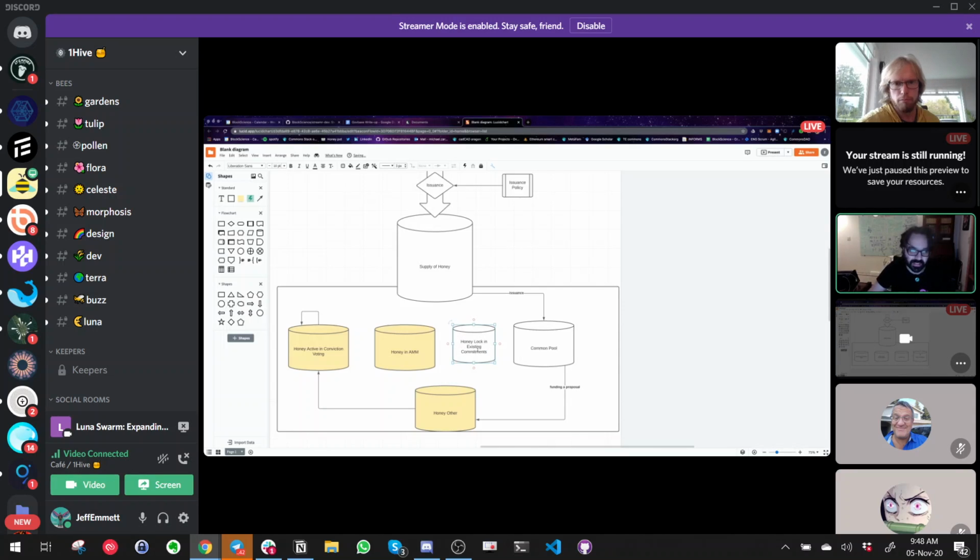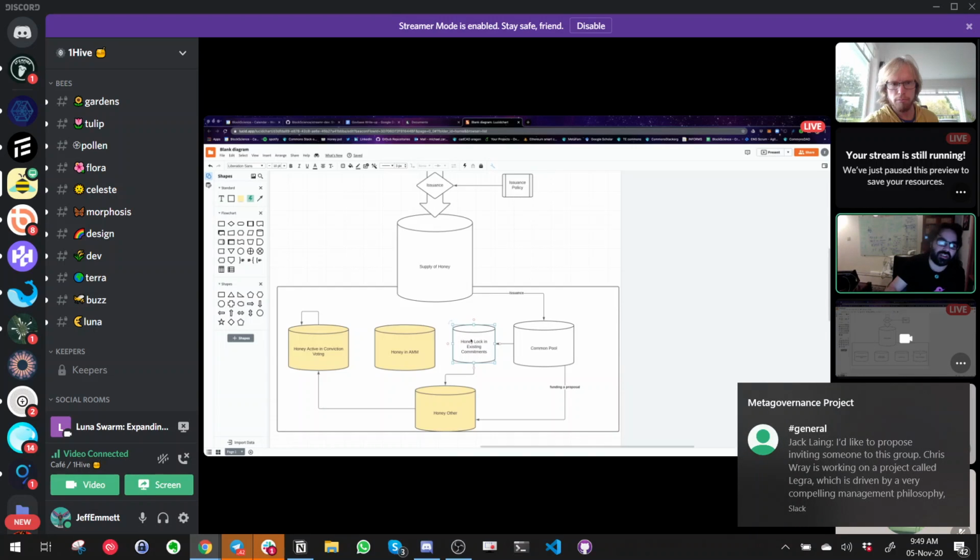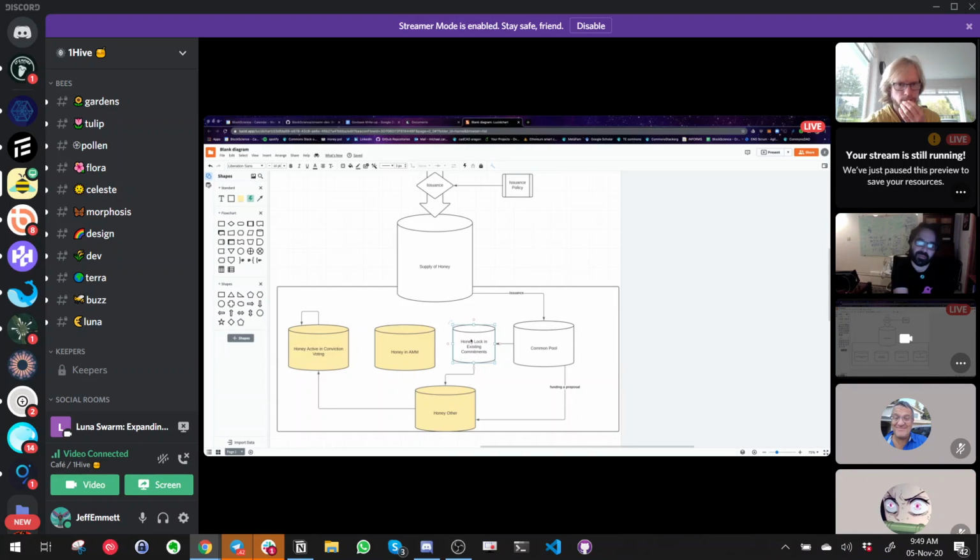So, I know this sounds weird, but what ends up happening is you pass a proposal that creates a pipe, and then it goes kind of like this, and again, I'm brainstorming here, but when I think about the honey with the farms, what you're actually saying is that there's a kind of policy that pays out of this honey locked in the farms. A proposal made a rule that said the common pool is going to pay certain incentives, and so there's this, based on stuff that's going to happen in the future.